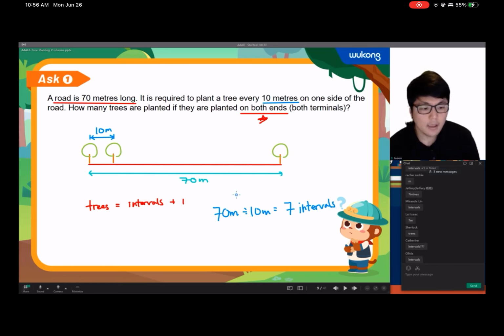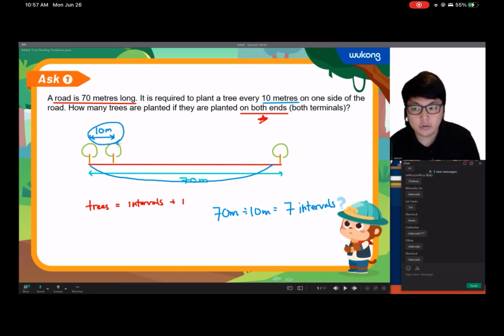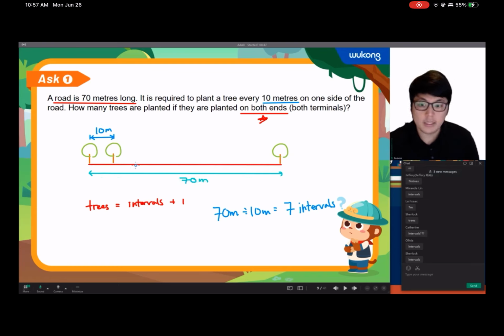If we break the entire road down to 10 meters every single time, we're going to get 7 intervals, 7 spaces, right? So please remember, when you divide, you're actually finding intervals. Does that make sense, guys? This is super important. Already, many people are making mistakes, so you better listen to Jason.